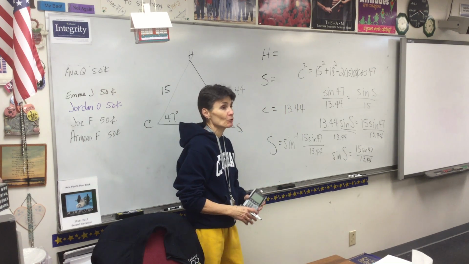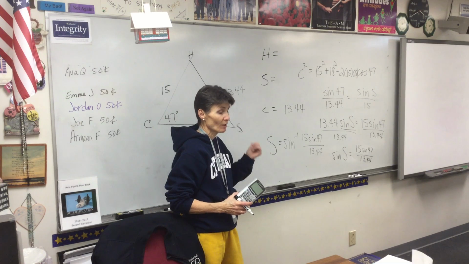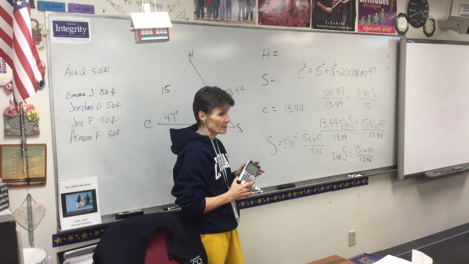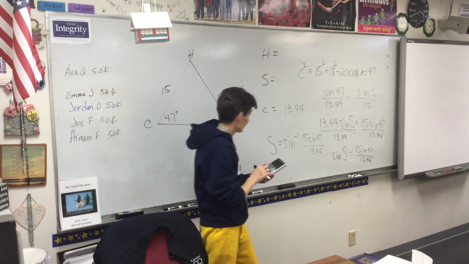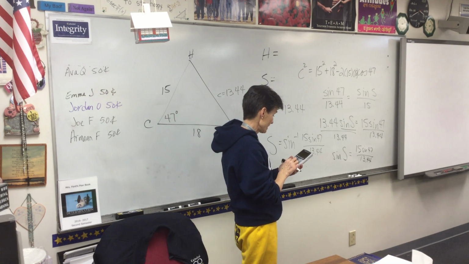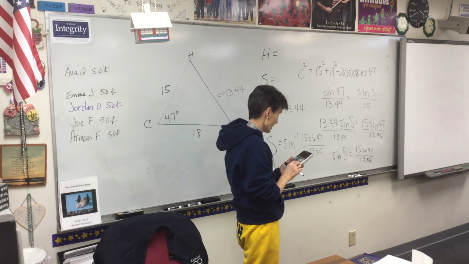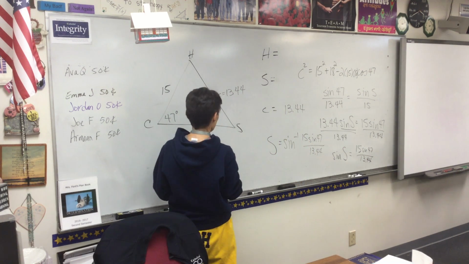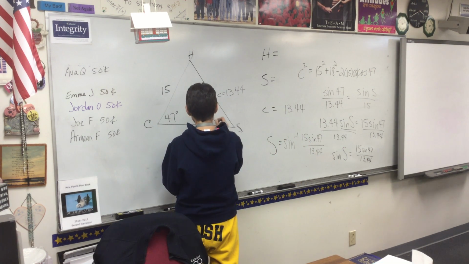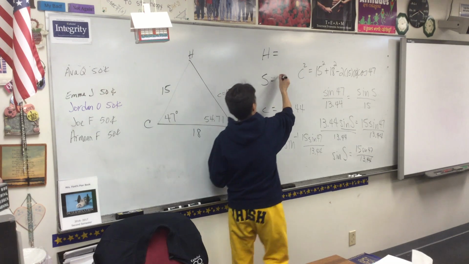You didn't have to do that on your quiz today. You'll have to do it tomorrow. So once you get there, second sine, 15 sine 47 divided by 13.44. I got 54.71 for S.